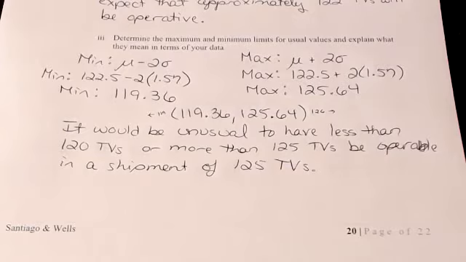You could have rephrased this. It would be unusual to have 119 or less, right? Because you're including that value. That would be totally cool as well, because you're including that 119 value. But you can totally just take care of that by saying less than 120 TVs. Because that is what that implies.